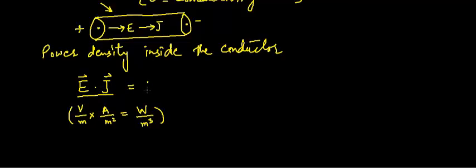So J, we knew from Ohm's law at a point, is sigma E, and then we can also say that the power density is sigma E square.